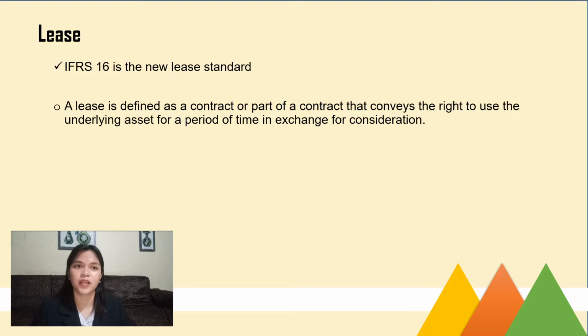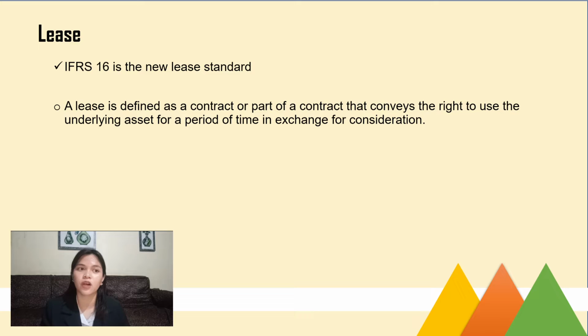So, for example, nagparent si lessor ng car kay lessee. So, there should be a contract na nagsasaad na ibinibigay yung karapatan na gamitin yung car ni lessee for a period of time in exchange for consideration, like kunyari binayaran si lessor ng money, ganon.